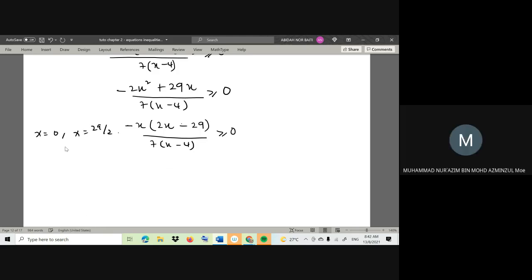The value of x for the denominator is 4.